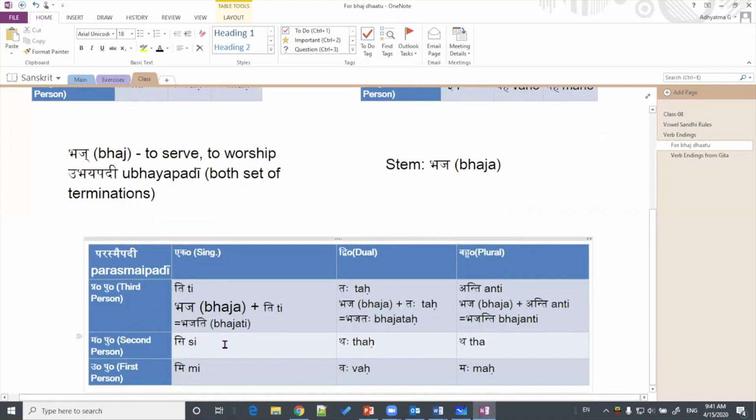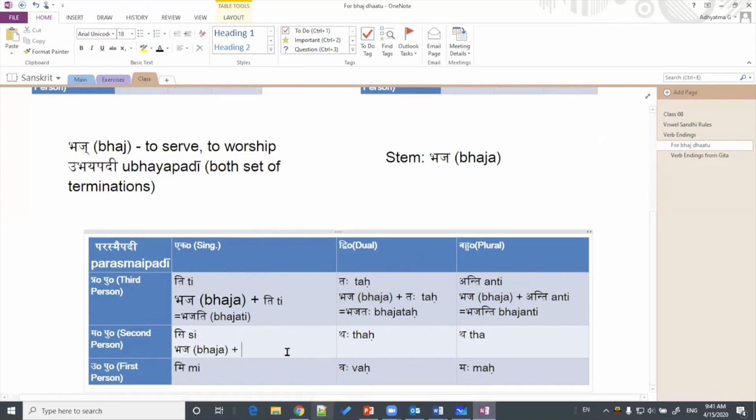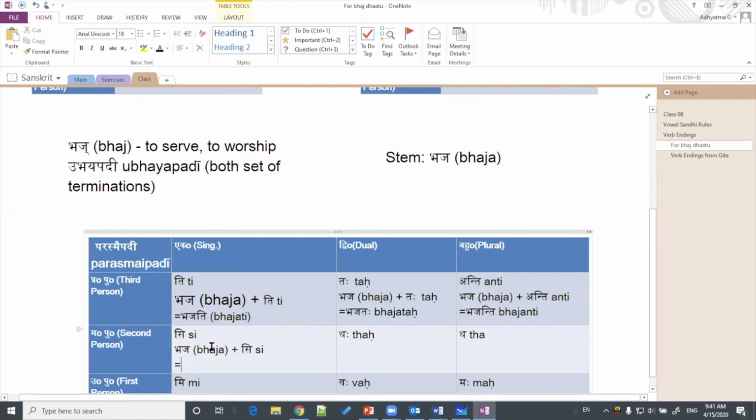Okay. So this is again very simple actually. Bhajasi. So bhaja plus si, it would become bhajasi.